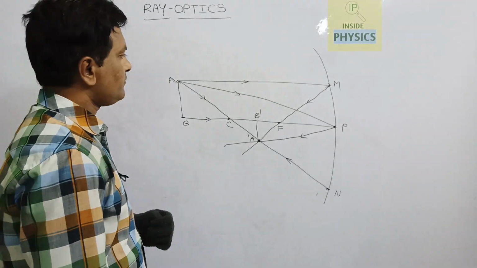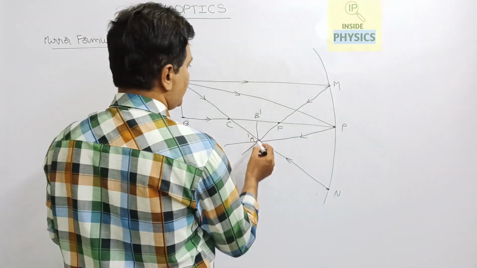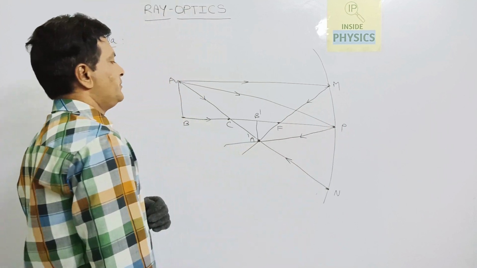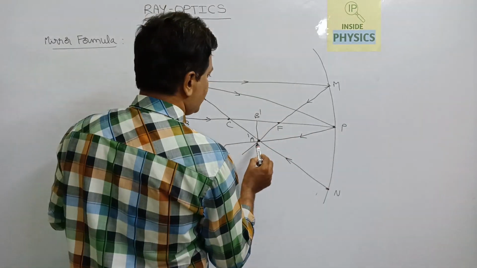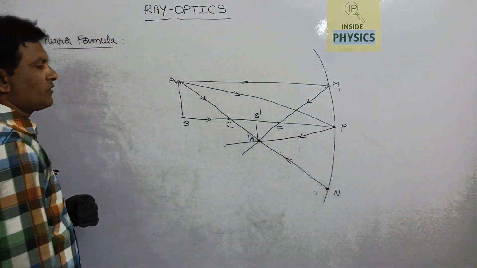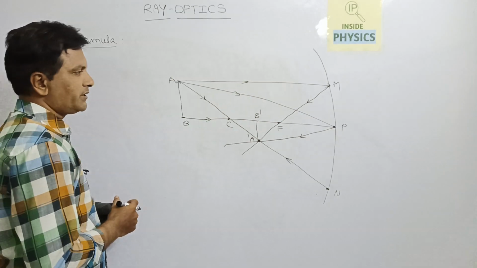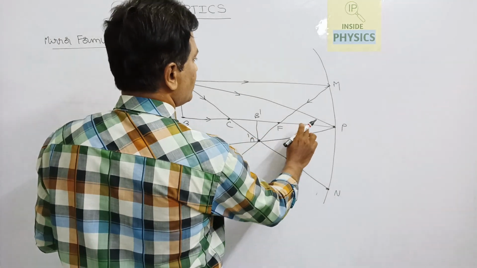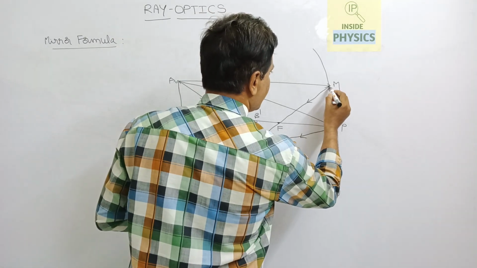So here, if you observe the diagram, the triangle B dash A dash F and the triangle MFP are similar triangles by the geometric symmetry.